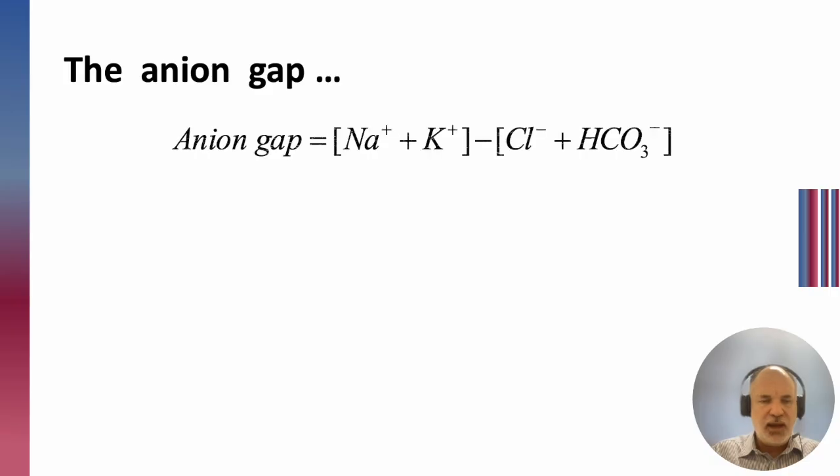If we look at the anion gap first of all, we calculate the anion gap by looking at the difference between sodium and potassium, from which we subtract the sum of chloride and bicarbonate.